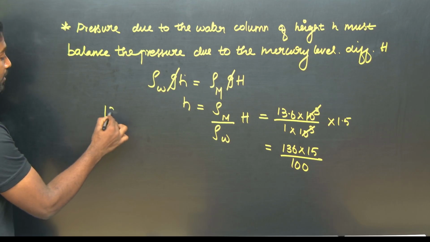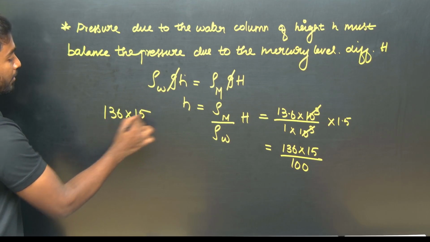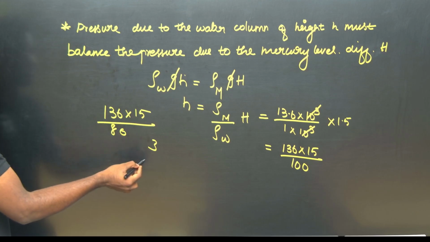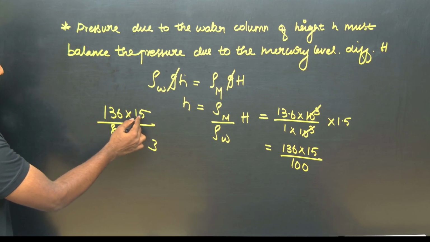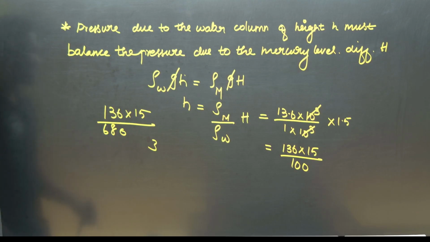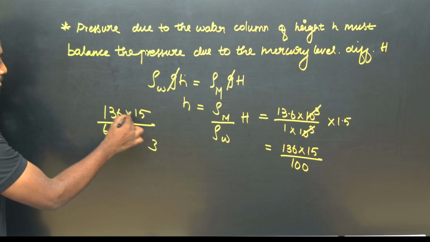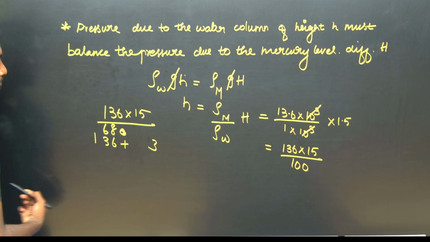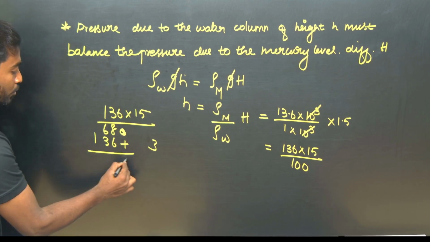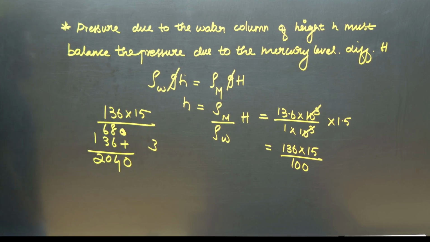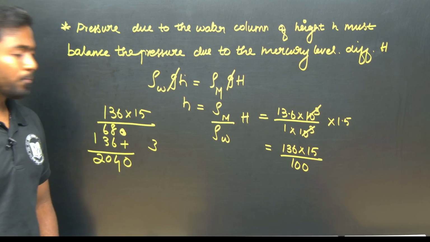So 136 into 15: 5 sixes are 30, 5 threes are 15... it comes to 680, plus 136, that gives 2040.